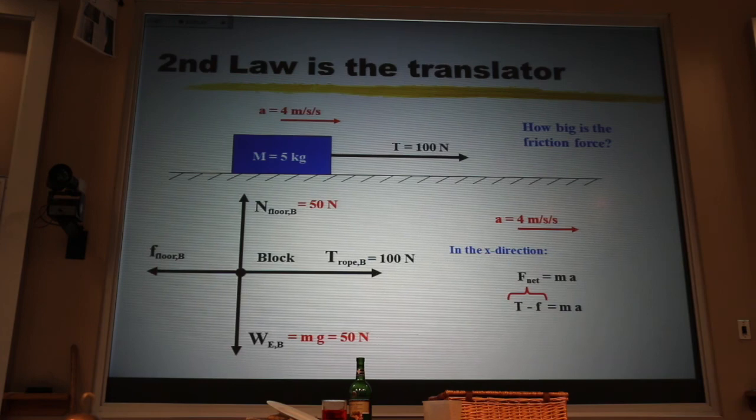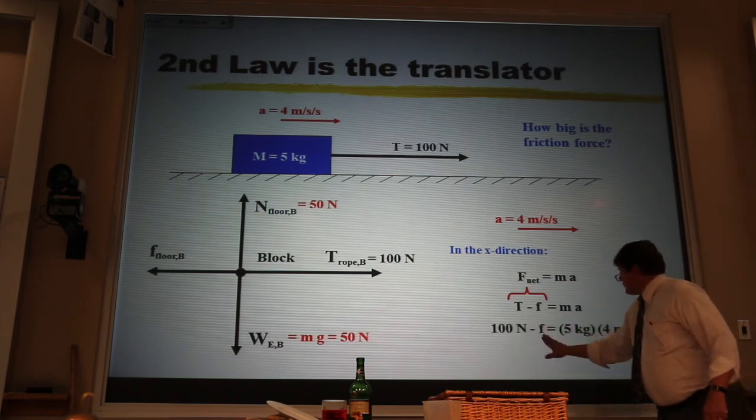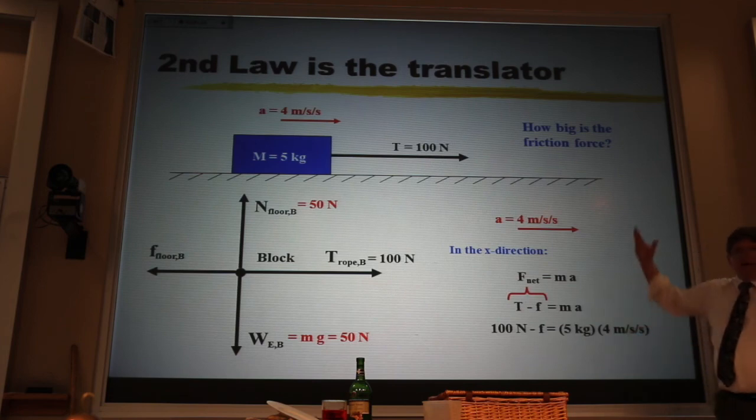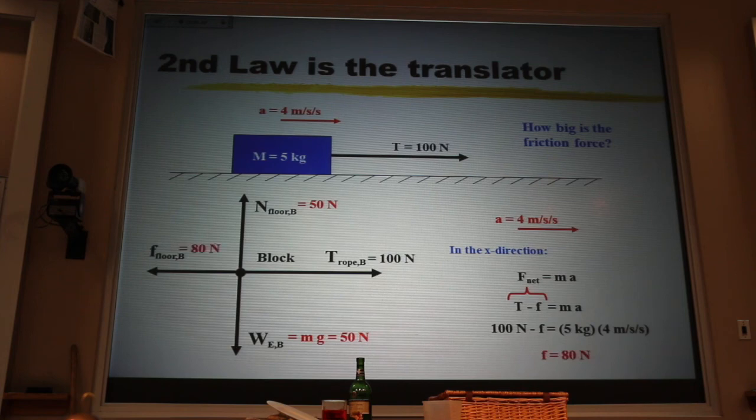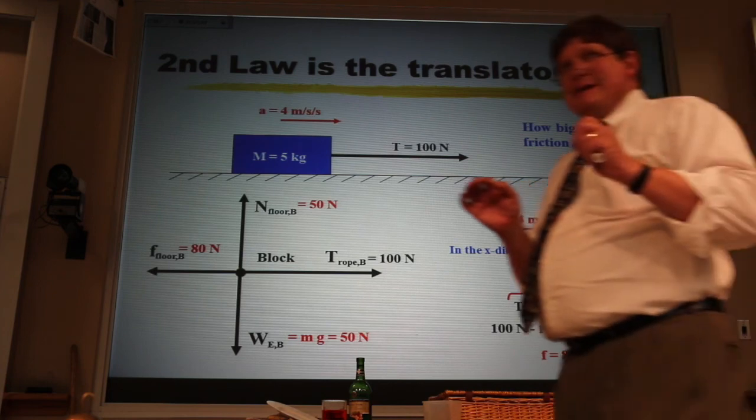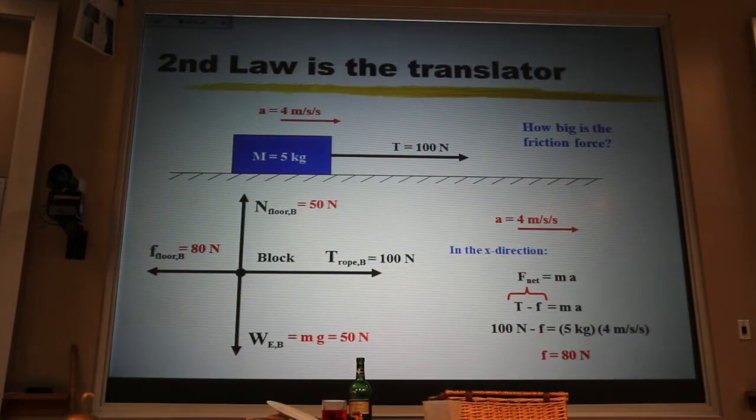I'm adding the forces as I would add vectors, because they are vectors. Now if I just plug and chug, 100 minus f is equal to 5 times 4. You just grind away at that algebra and you get the same answer that we got, 80. Okay? Now, if that seems trivial, it's because it is trivial.